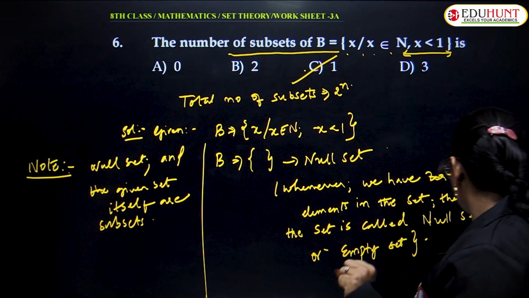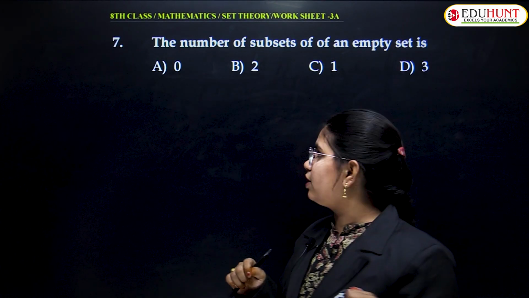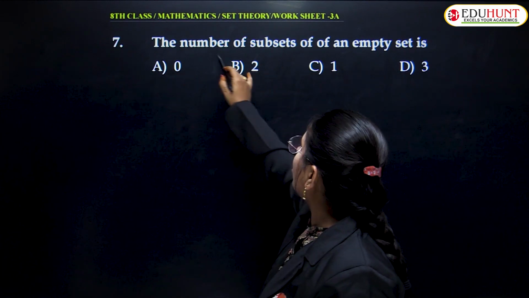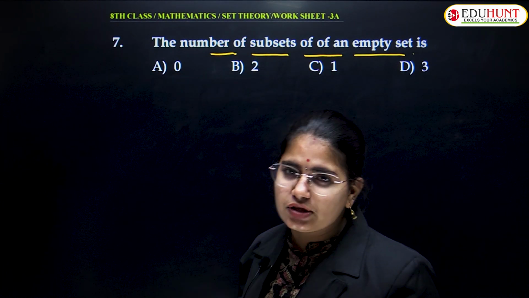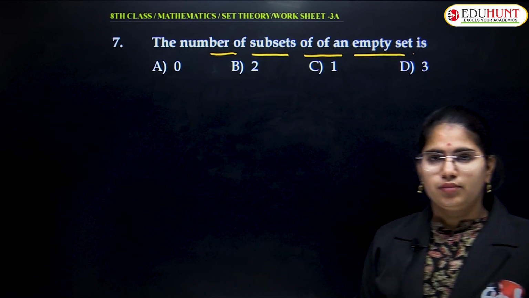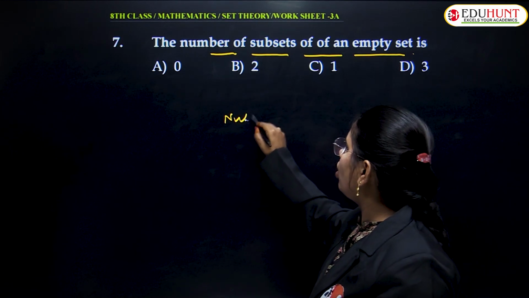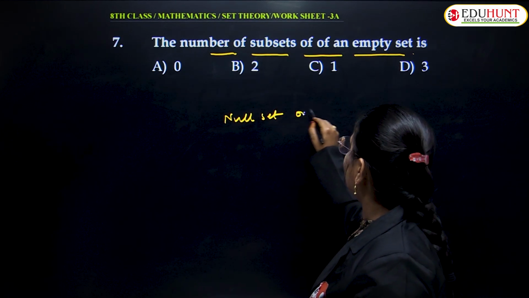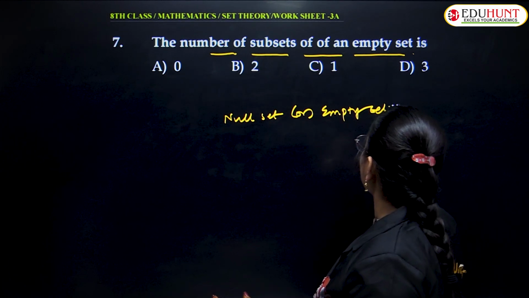So can I get back to the next one? Yes. So what is my next one? Next question: the number of subsets of the empty set. This is what we have just discussed. Empty set or null set, anything is the same. The other name of null set or empty set, both are the same.